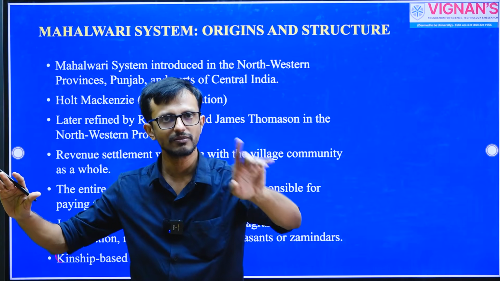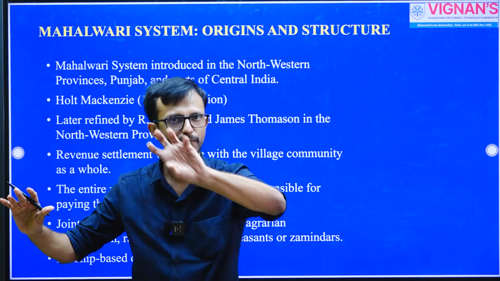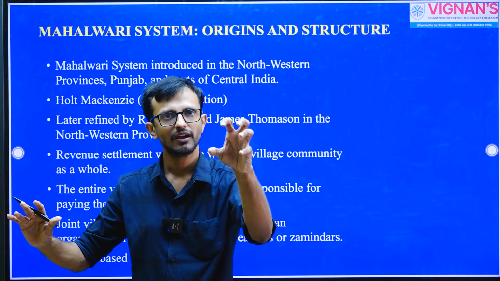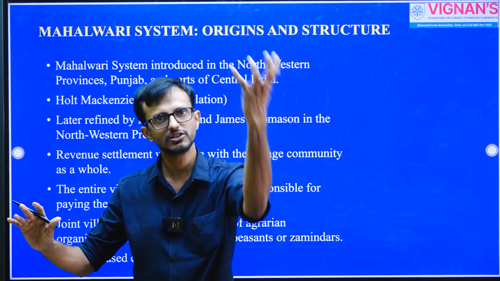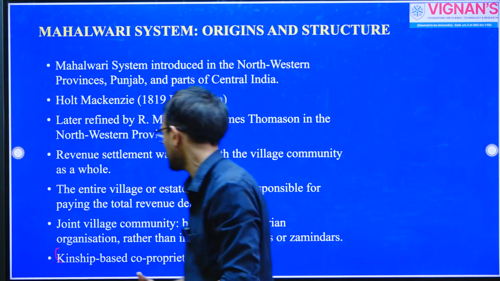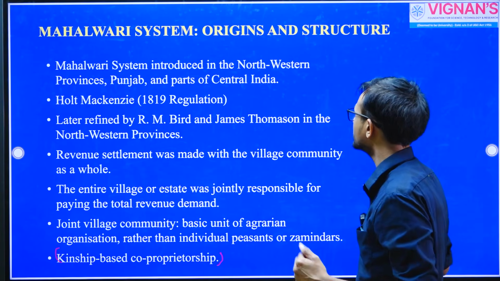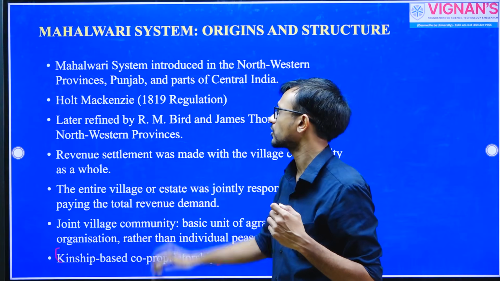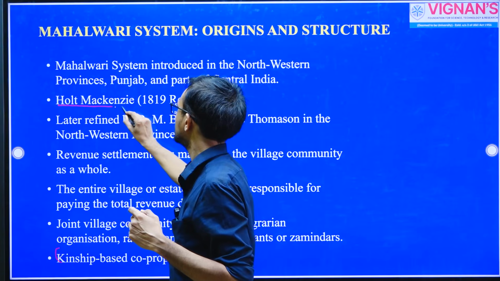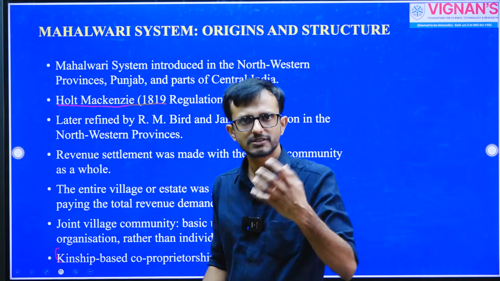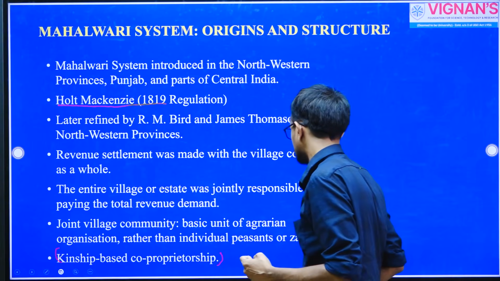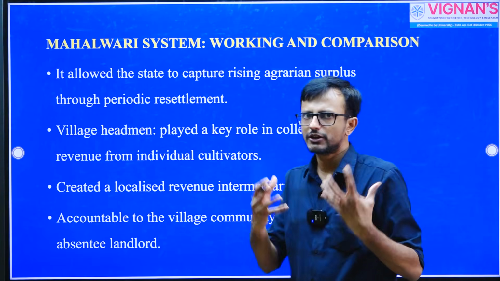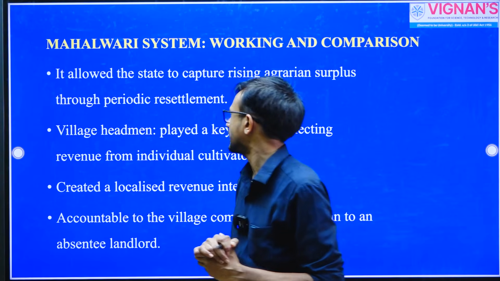But in the Mahalwari settlement what you see is a kinship-based, blood-based, village-based, relative-based, family-based kind of settlement, through which you are paying the revenue to the colonial state. So that is the difference with the Mahalwari regulation. It was implemented by a person known as Holt Mackenzie in 1819, so it is much later than the permanent settlement. Again, as I told you, the village headman is the main agent.